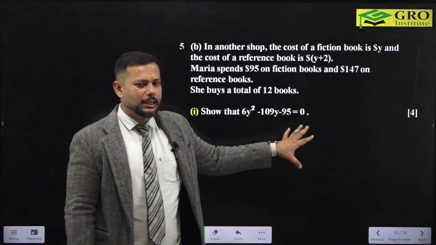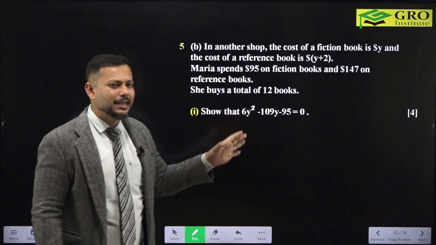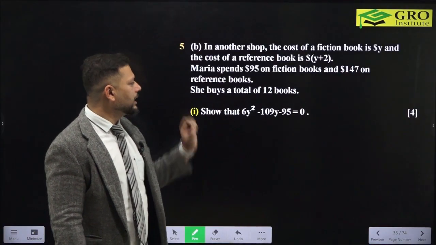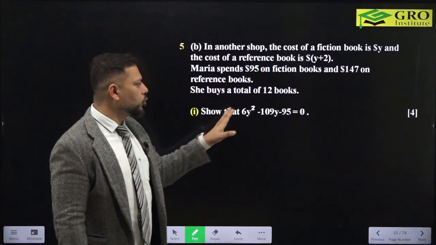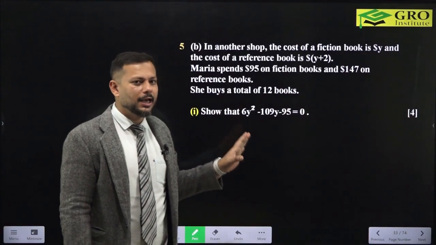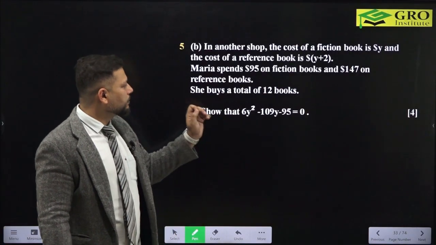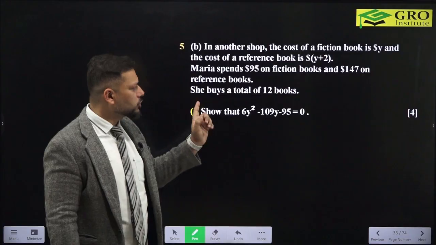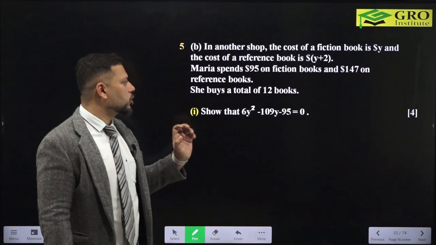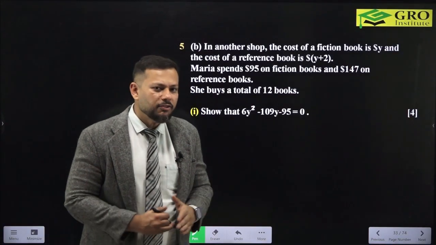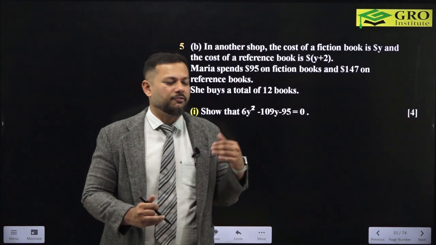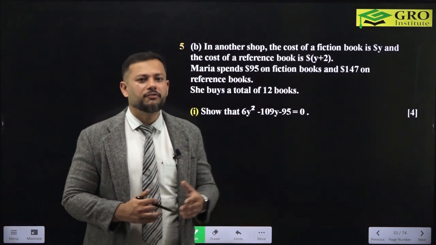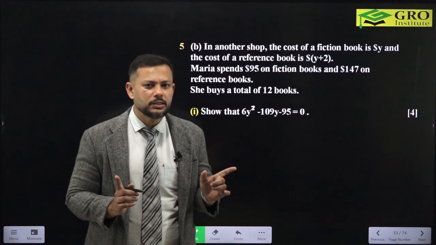Whatever this equation may be, let us first analyze the question, guys. How can we proceed with it? We are being given that the total number of books being bought by Maria is 12 and she has spent around $95 on fiction books and $147 on reference books. How can we get the number of reference books and the number of fiction books? Think about it.